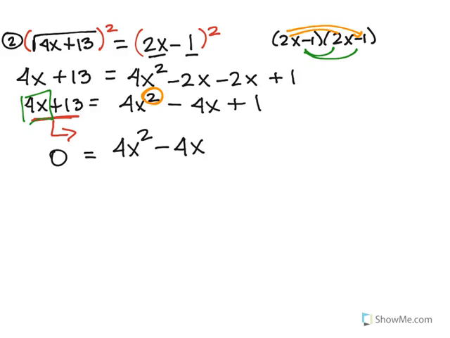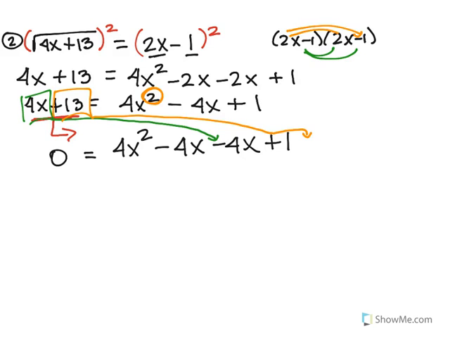But when this one comes over, he becomes a negative 4x too. I bring down my plus 1, and when this one comes over, this 13, it also is a negative. I'm just showing you that I did change my signs. Did y'all see that? And then we're going to clean it up.